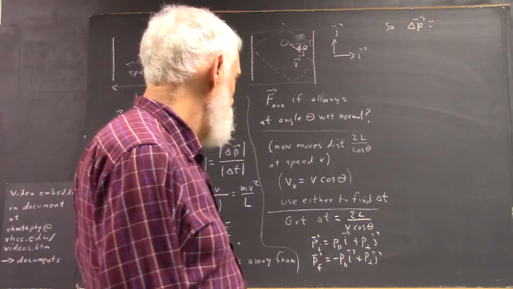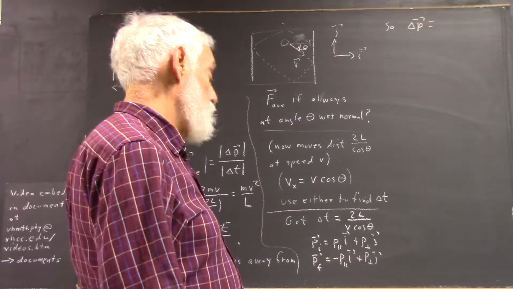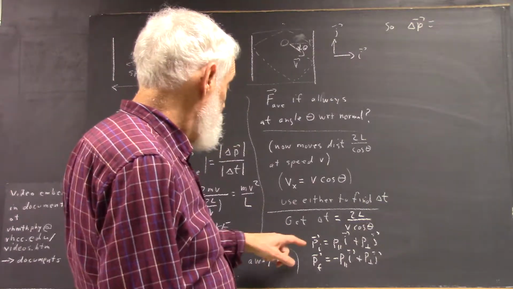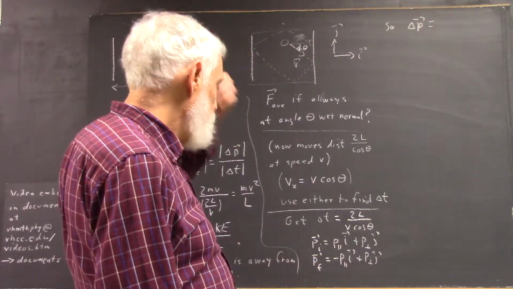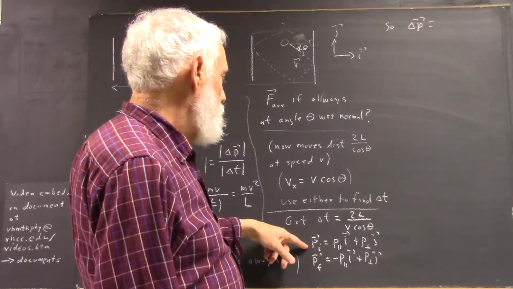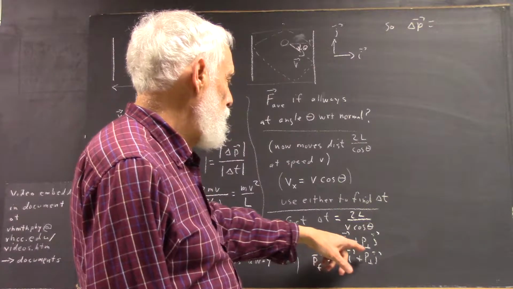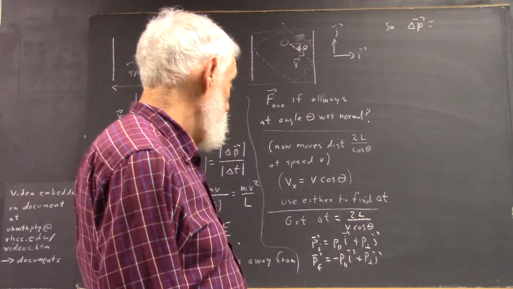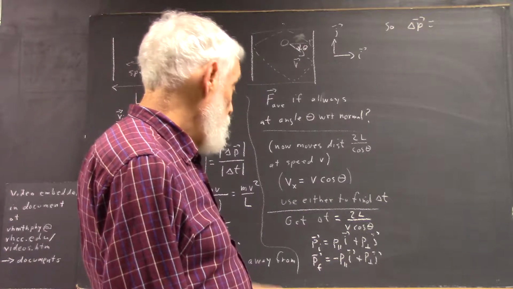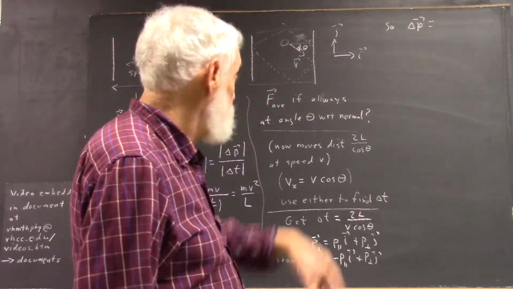Now, we want to calculate the change in the momentum. So we observe that the initial momentum could be written, if we introduce an i and a j, as p_i equals p parallel i plus p perpendicular j. And then what's p_f? Well, what happens? You observed it.